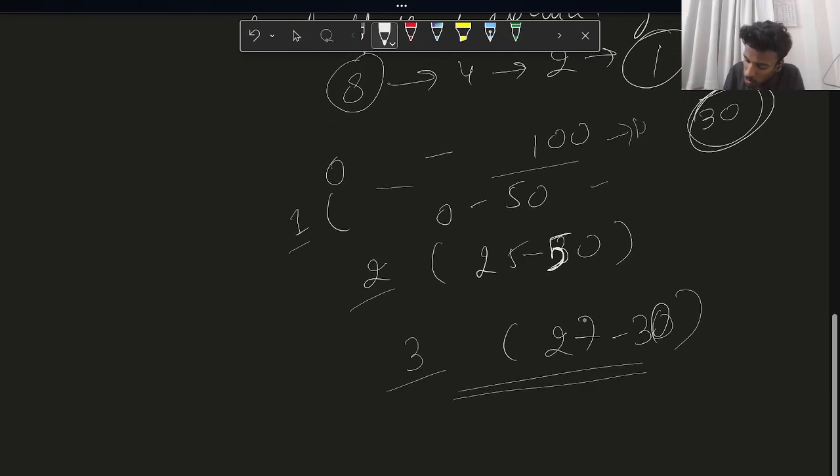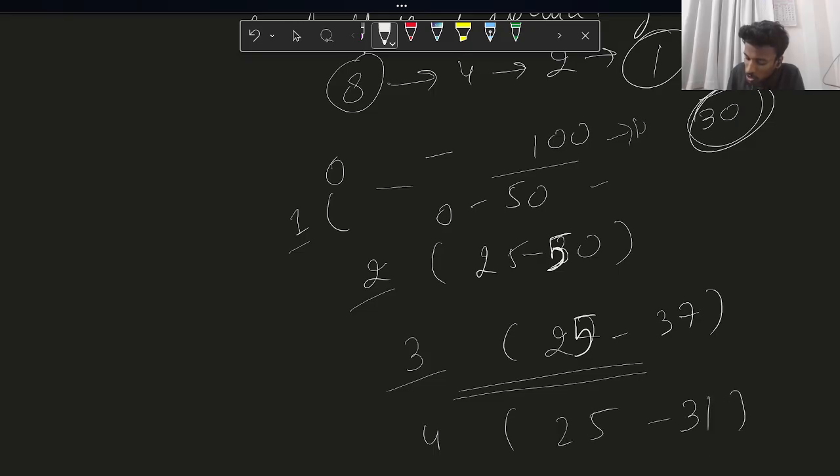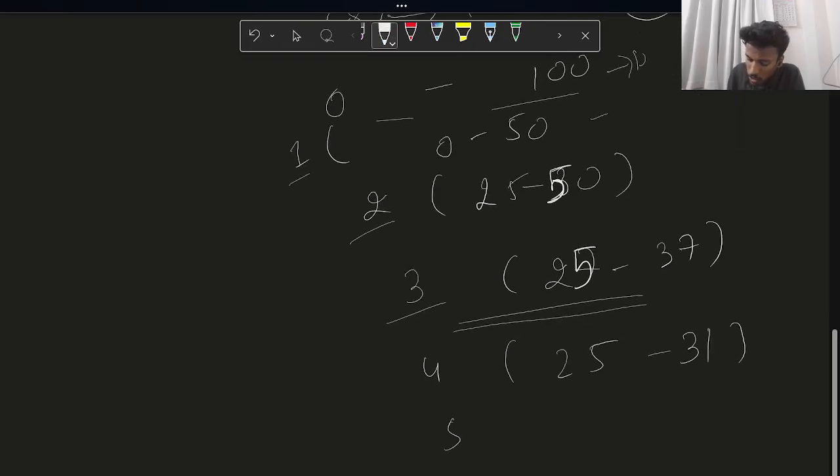Next time it gets 25 to 37.5, but suppose 37 only, because we are considering standard binary search. Again, this time it gets to 25 to 31. So you can see that as the number of iterations increases, the answer is coming closer and closer to 30.